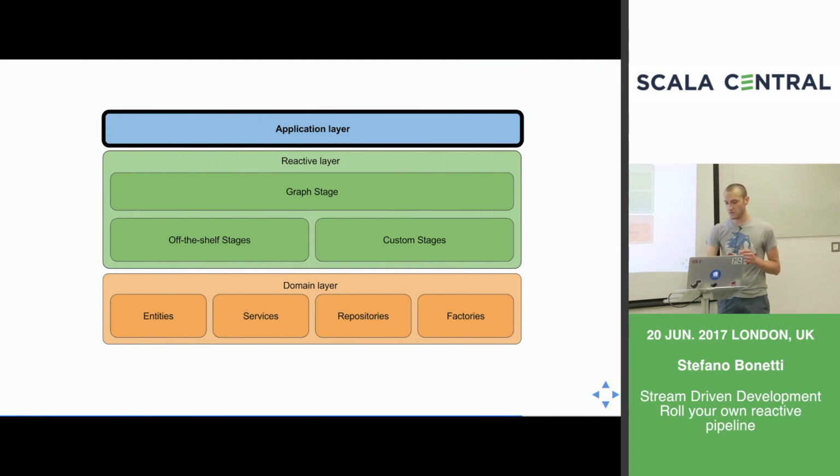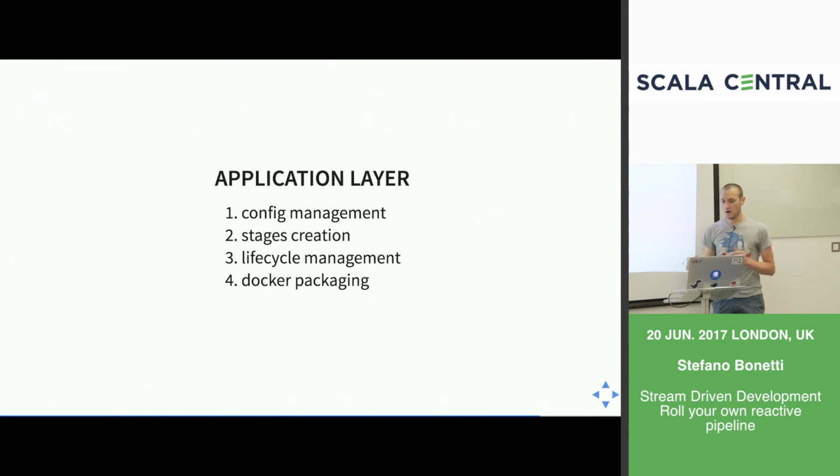Now, moving on to the next and last layer, the application layer. This is where a whole bunch of management tasks are performed: config management, environment management, this sort of thing. The wiring of the stages themselves. I haven't put the code here. This is fairly trivial. We need to wire the graph together here to make it run. Lifecycle management is important, as we want to start and stop the streaming of data depending on the type of pipeline that we've designed.